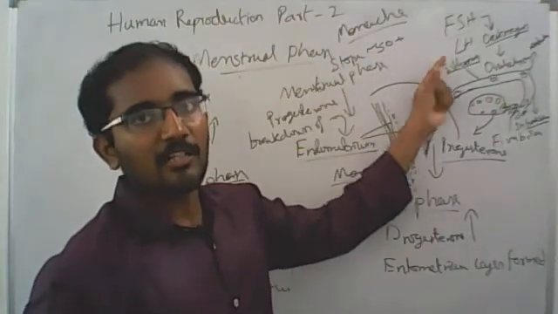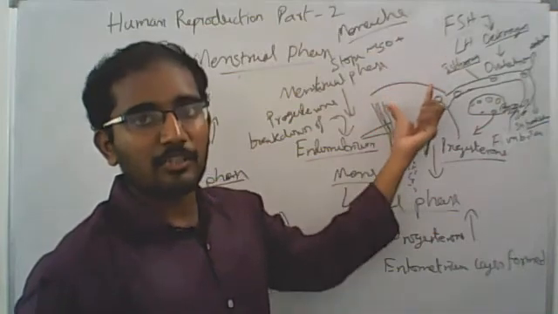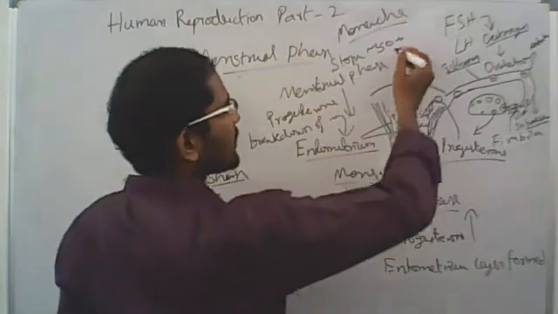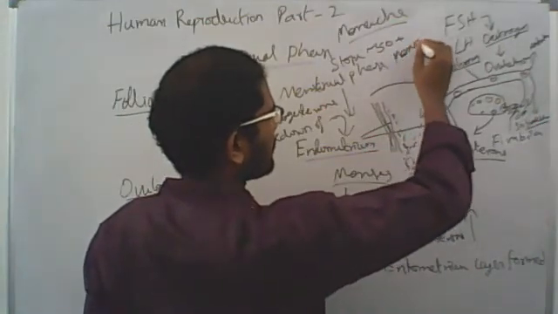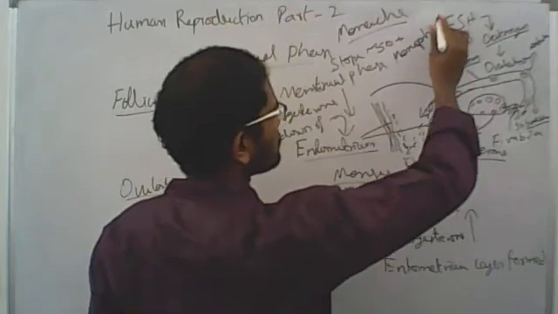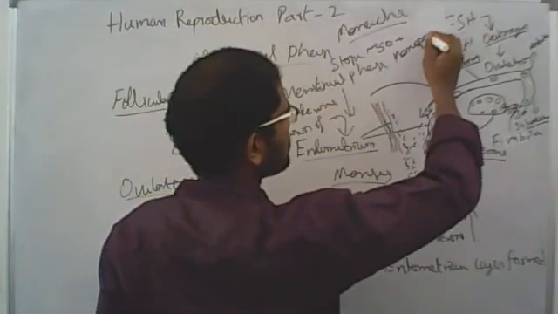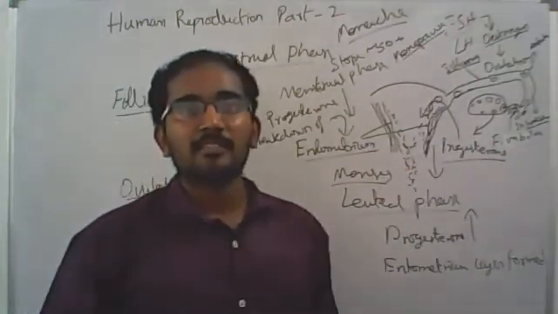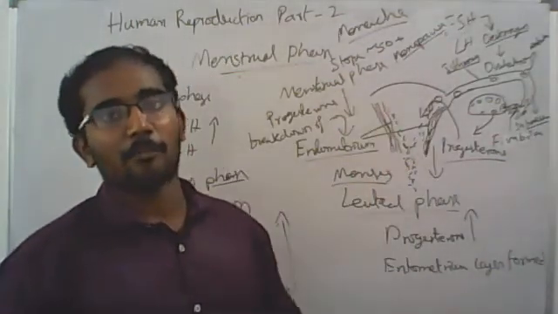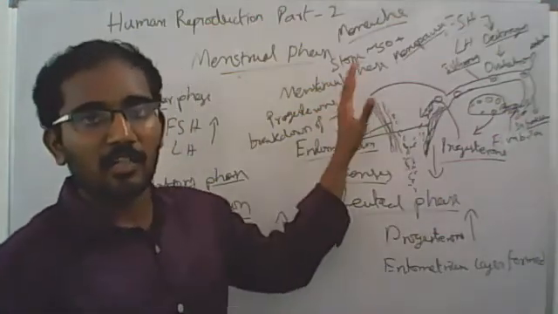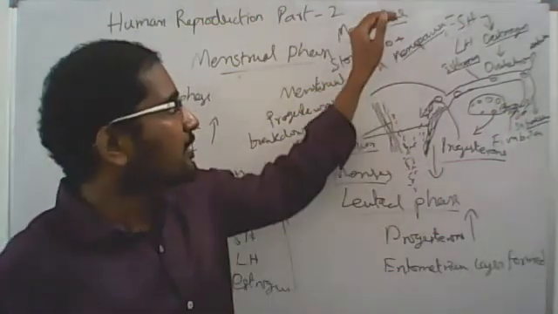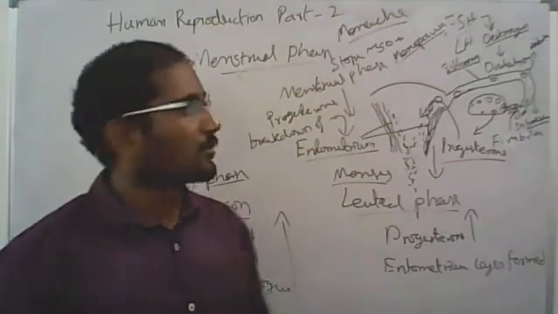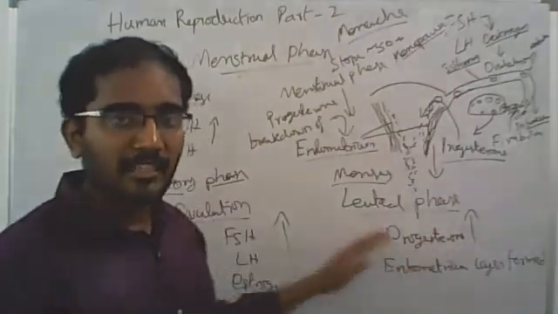The female's menstrual phase ceases. This process is called menopause. Menopause is a period where the menstrual phase is completely stopped. So the menstrual cycle is the period between menarche and menopause. This is how the menstrual cycle happens.